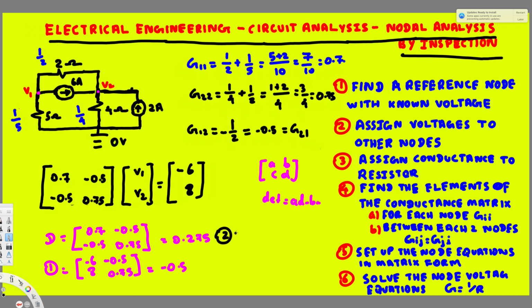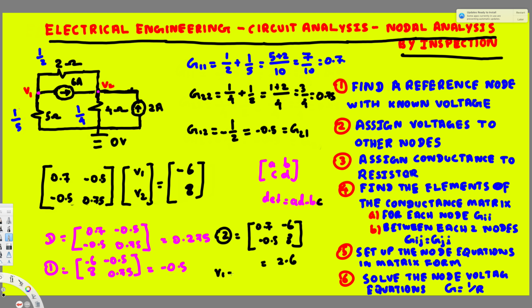We have 0.7, minus 0.5, the first column remains the same, and the second column becomes minus 6, 8. Again if you do AD minus BC, you will get 2.6.